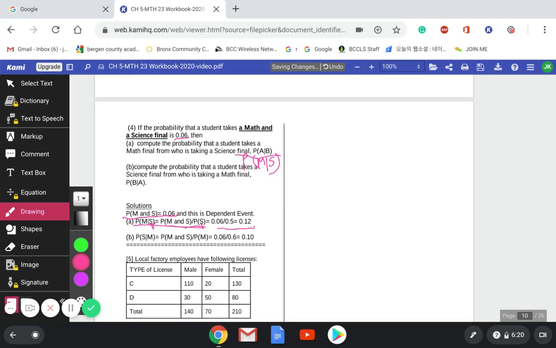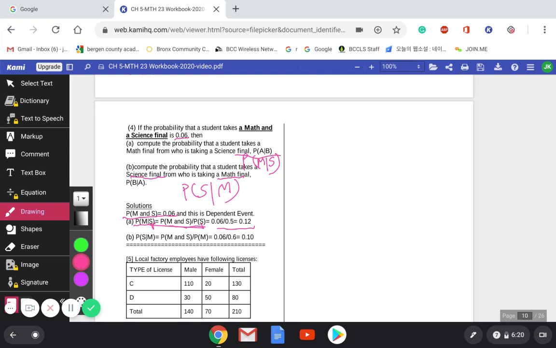The second one is they want to find out science after they take math. So they are looking for the probability of science given math.